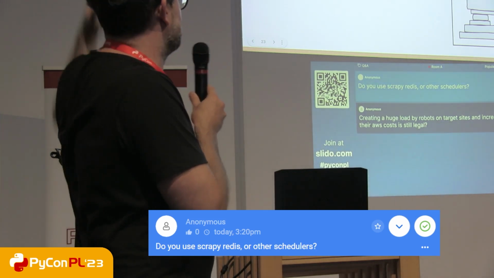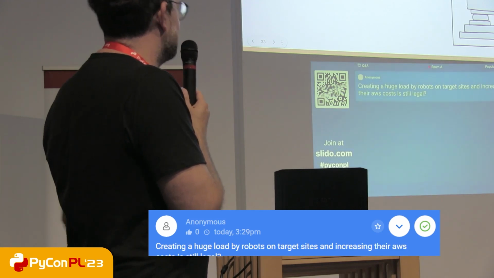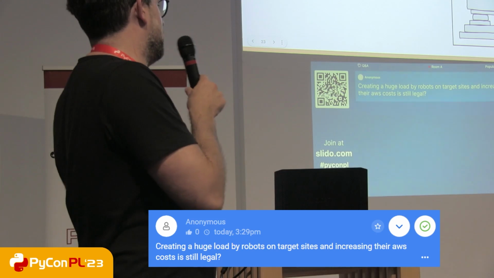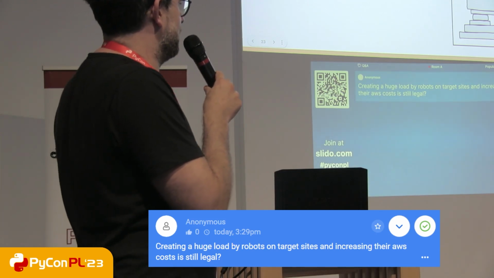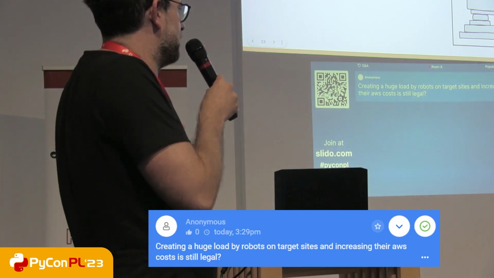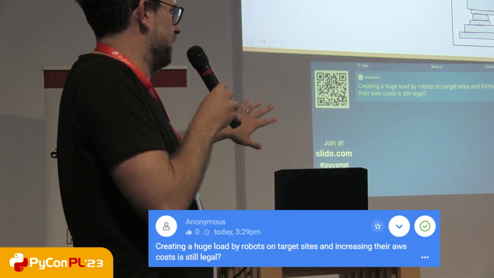Okay, again, the legal question. Creating a huge load by robots on target sites and increasing the AWS cost, is it still legal? Well, as I said, those are questions for the legal department. I'm not a lawyer, but as I said, abusing someone's website is probably illegal, I guess, right?